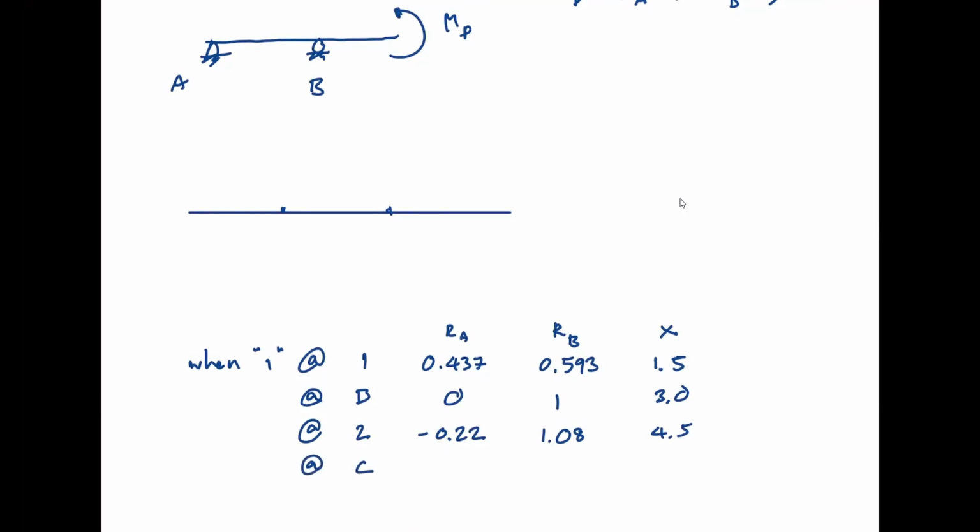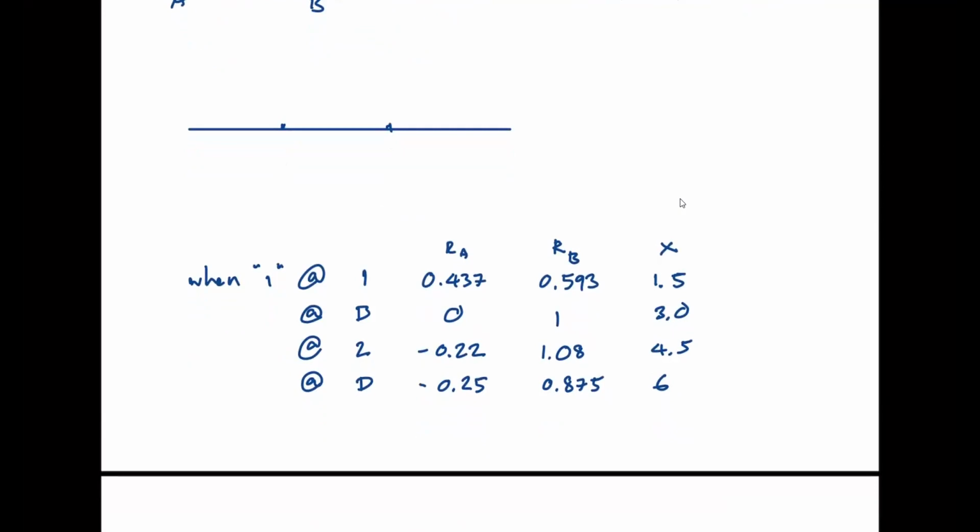At point C, sorry, at point D, RA is minus a quarter. B is 0.875, X is 6. And at point 3, maybe you want to do something, because here is when we change the equation, right?